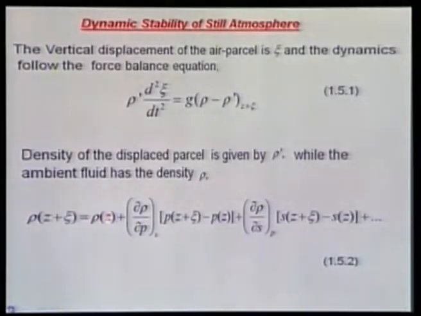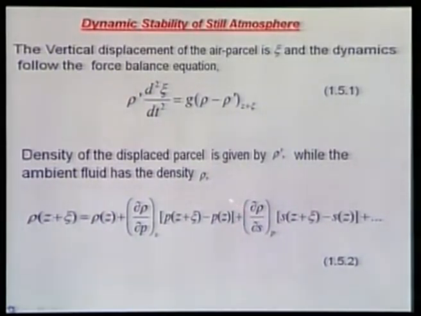I will say the density at the undisturbed position, rho at z, plus how the density has changed due to the pressure variation. So, that is this part, del rho del p times delta p, and delta p is what? P at z plus delta minus p at z.